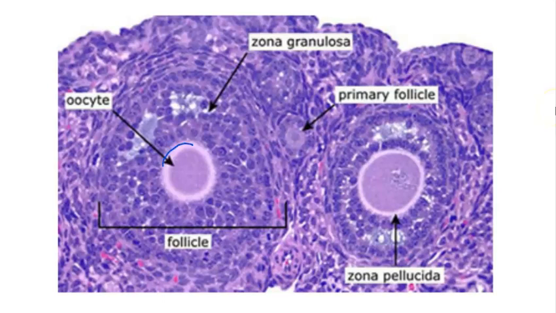the egg cell is known as the oocyte, and this is going to go through a number of changes, including mitosis and the phases of meiosis, meiosis 1 and 2. The egg is also surrounded by cells, seen here in what is known as a primary follicle, a simple structure.